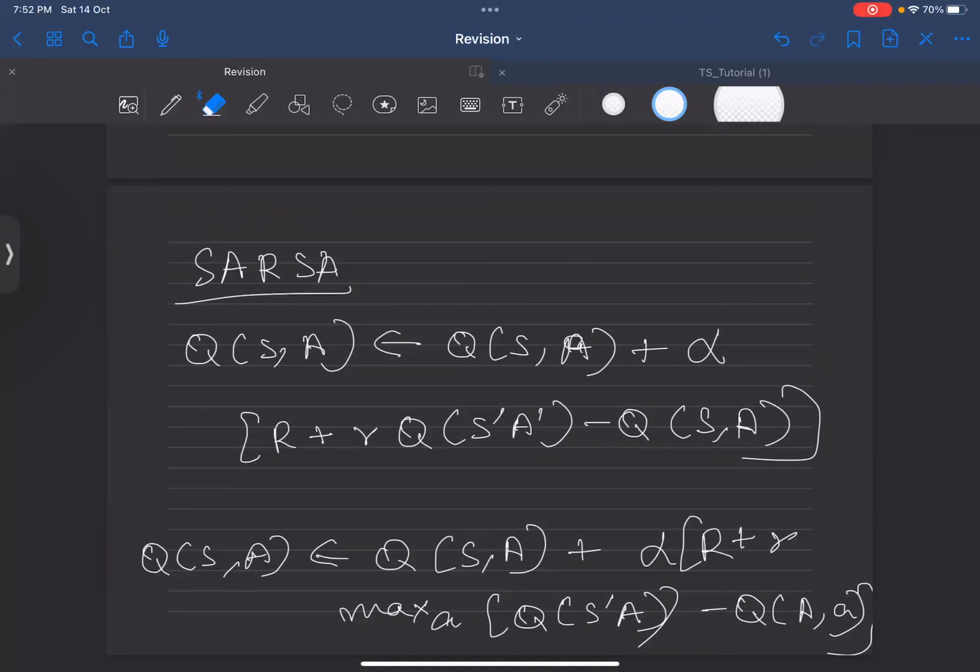So basically, the Q value is updated based on the current state action and the maximum Q value for the next state, as he told. In SARSA, the Q value is updated based on the current state and the next state action pair as well.